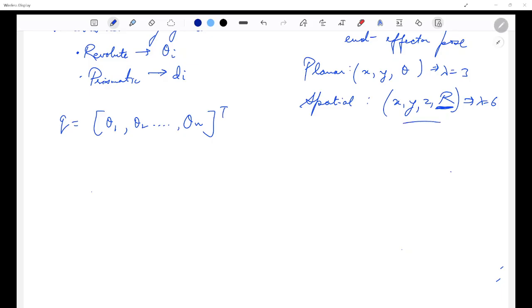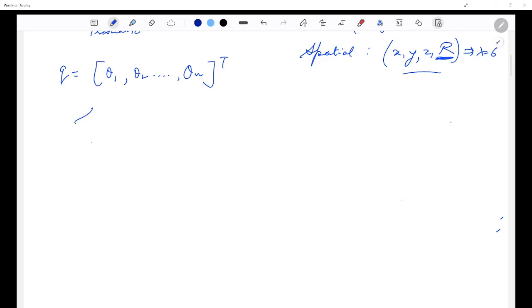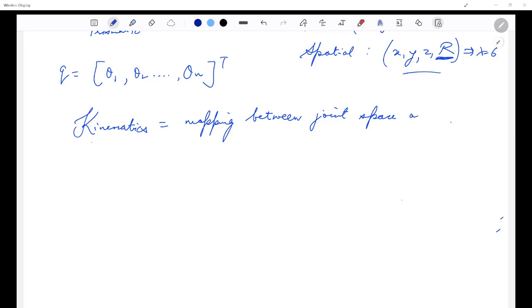Okay. So in kinematics, which we are doing and which we'll be doing in the next class as well for parallel manipulators, we would basically be mapping between joint space and task space. That is our complete goal.